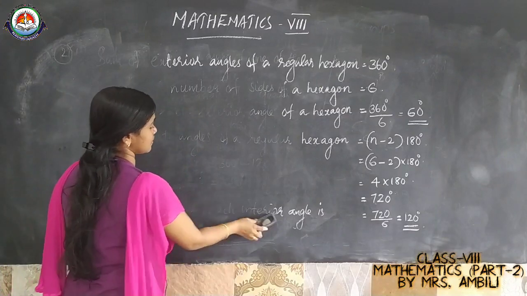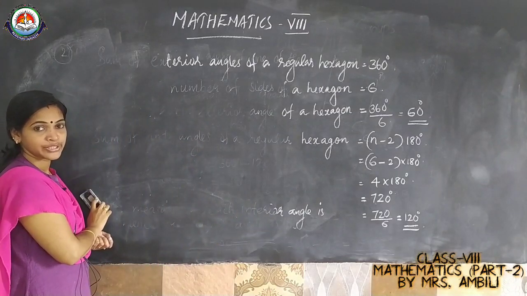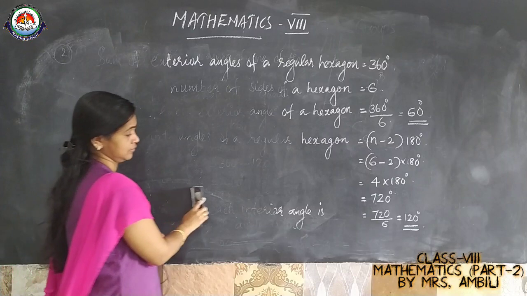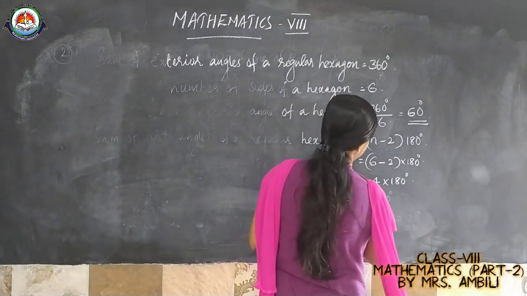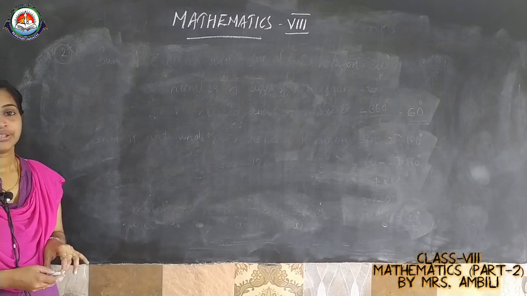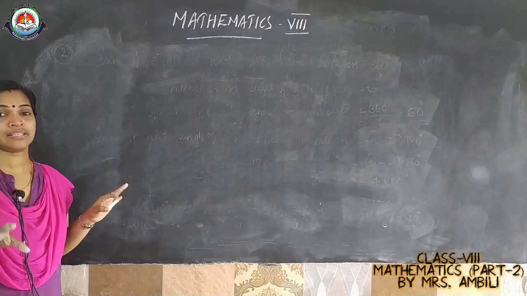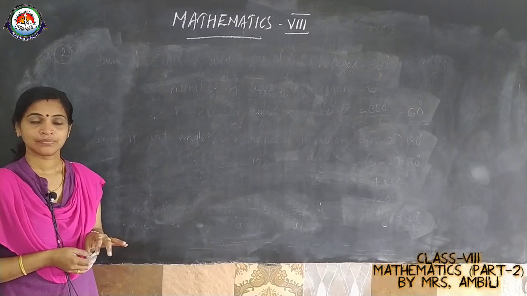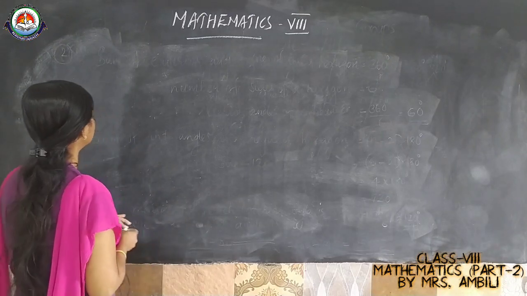All these questions and answers you need to write in your notebook. Next question: 2 figures are given. You need to find angle x in the given figures. So I will draw the figure here.